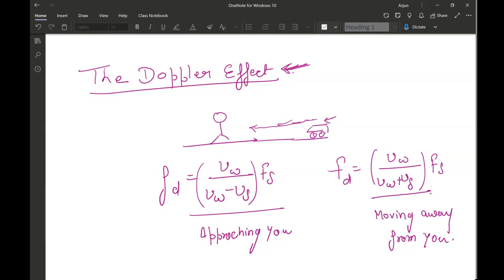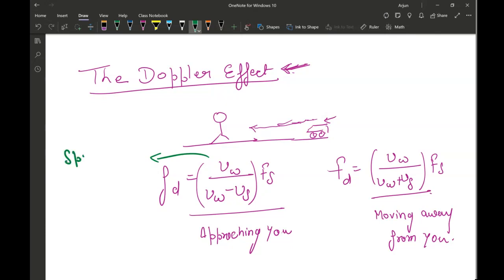Now, we'll talk about the different terms which are used in this formula. So Vw is the speed of wind. S means source, so Fs is the frequency of the source.